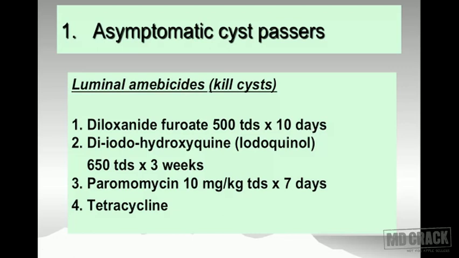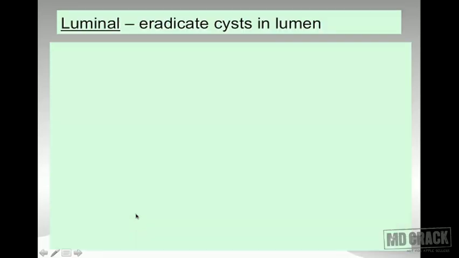You have another option, that's diiodohydroxyquin or iodoquinol, 650 milligrams 3 times a day for 3 weeks. Or you can think of using paromomycin, 10 milligrams per kilogram body weight 3 times a day for 7 days. Or you can think of using tetracyclines. So for asymptomatic cyst passers, diloxanide or iodoquinol or paromomycin or tetracycline. We go to the next slide.